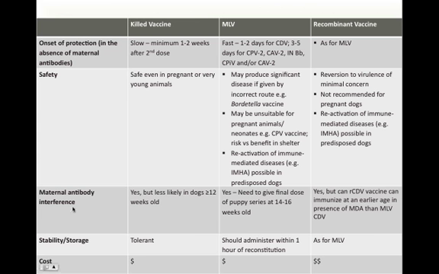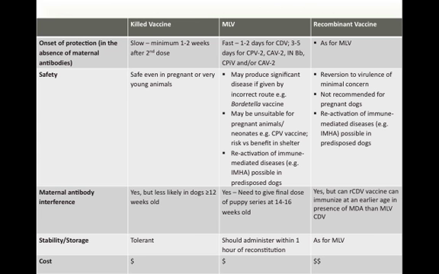As far as maternal antibody interference goes, and that's a big problem in shelters where we're accepting lots of puppies all the time of unknown vaccination status for both the puppies and for their mothers, it is possible for that to happen with killed vaccine, but it's less likely in dogs that are over that 12-week mark, of course.